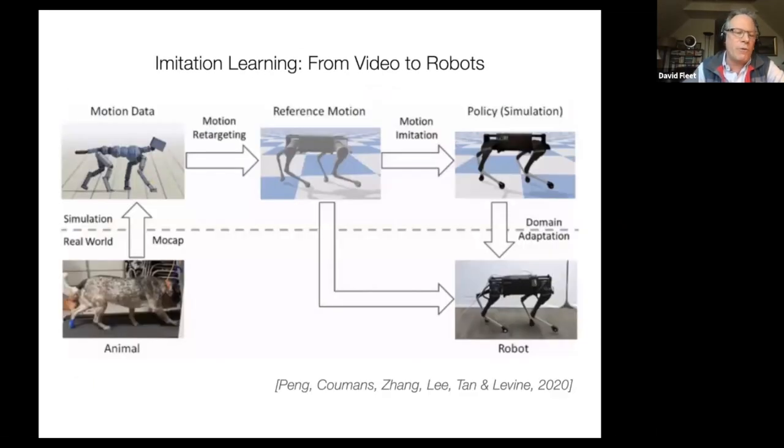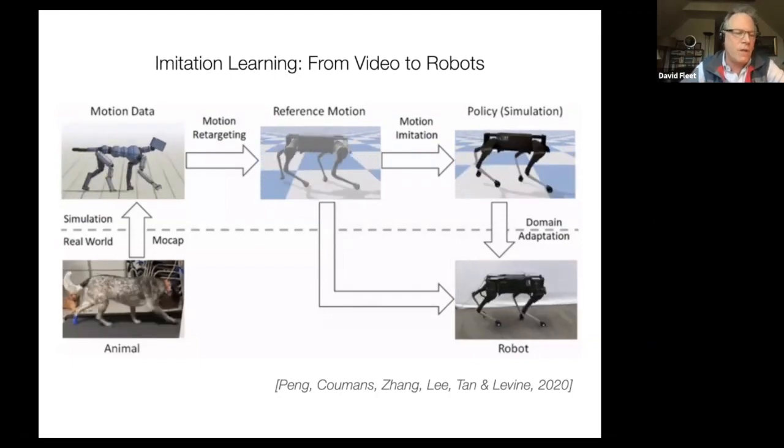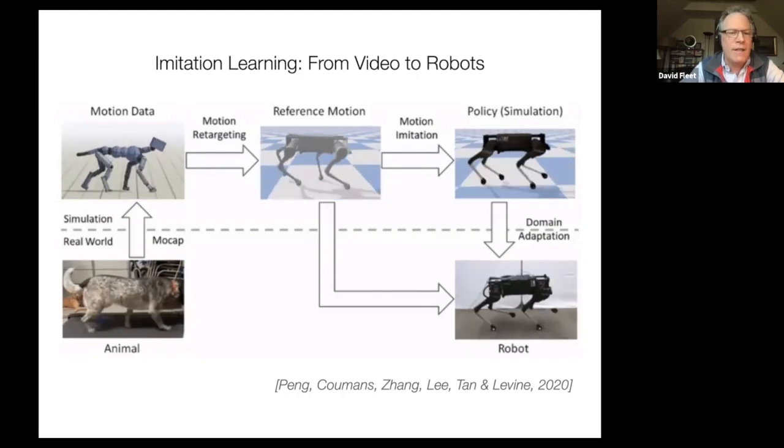And this has been further used actually by Sergey Levine's group at Berkeley for trying to learn control policies for robot motion. And the idea here is to track a motion of an object, something like a dog, in one view.